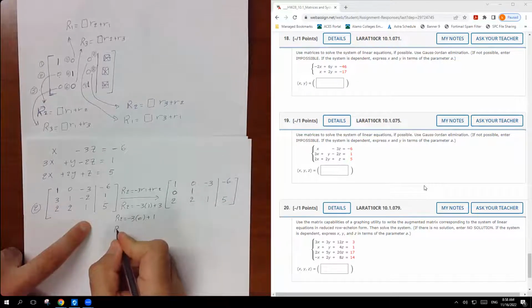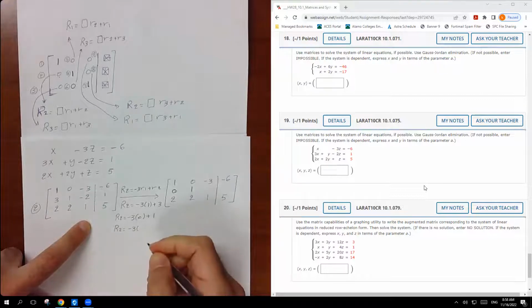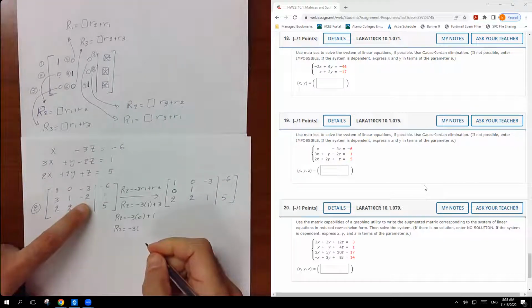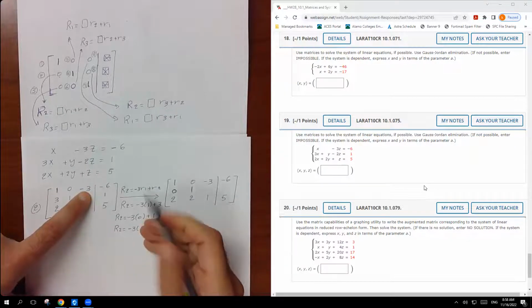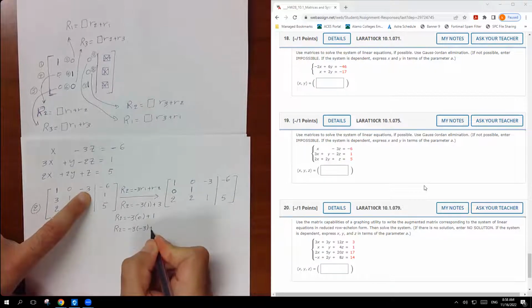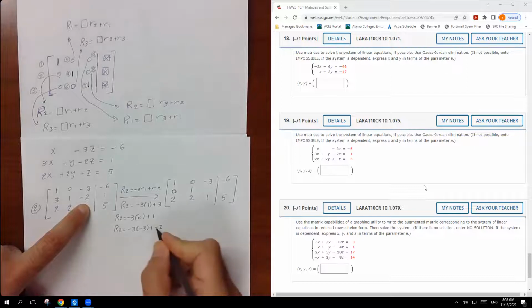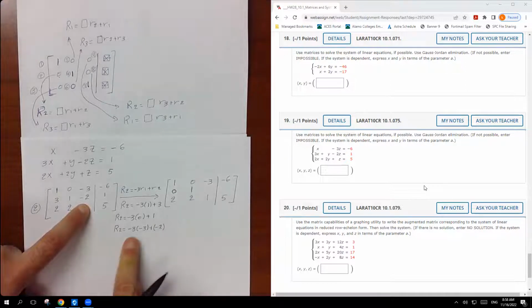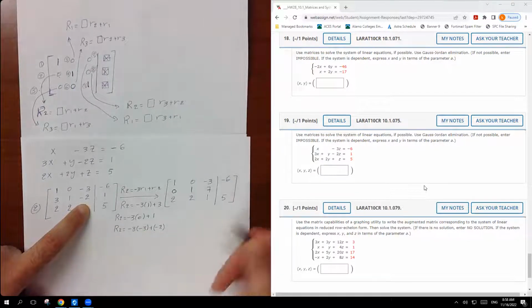The third element is going to be -3 times -3, because R1 is -3, plus R2 is -2. So -3 times -3 is going to be 9. 9 minus 2 is going to be 7.